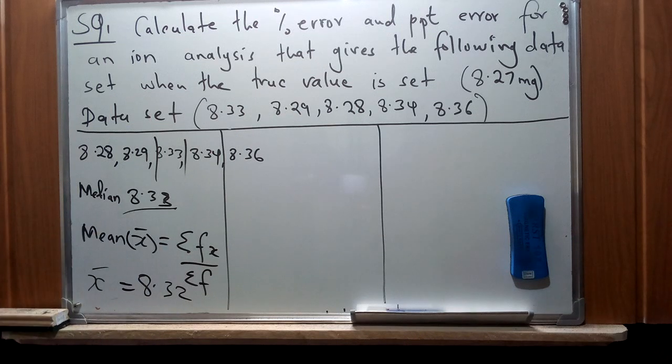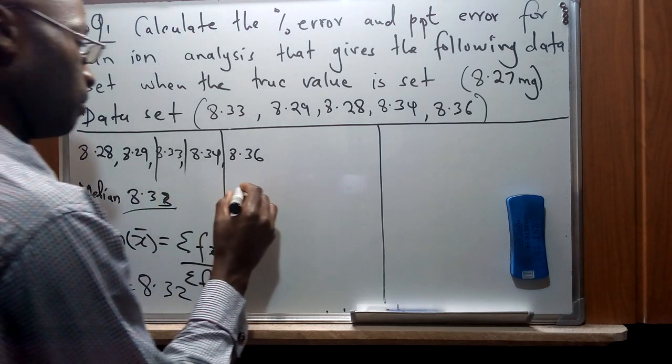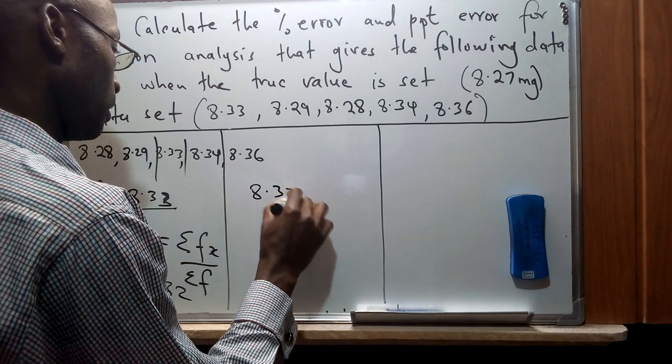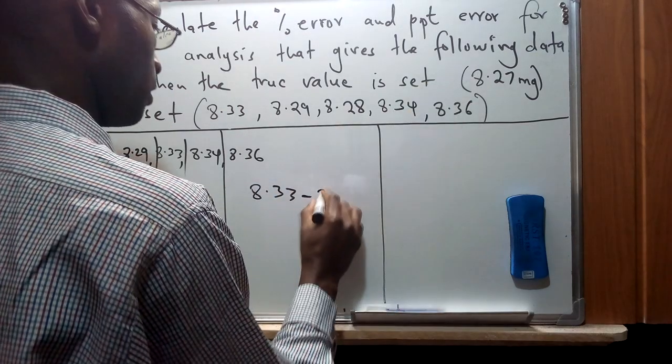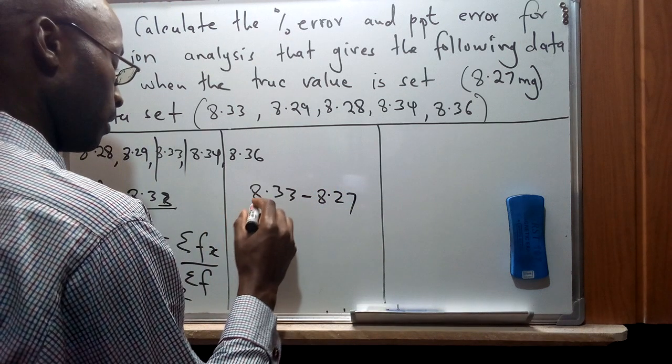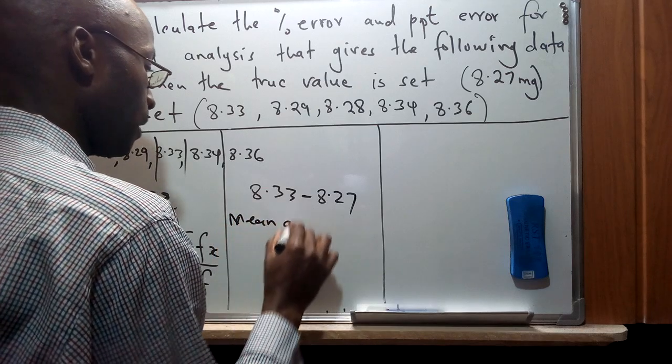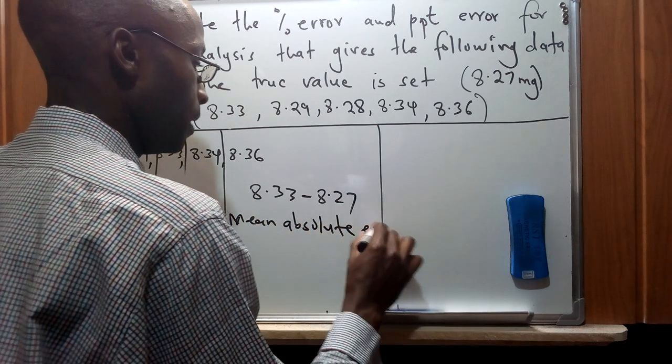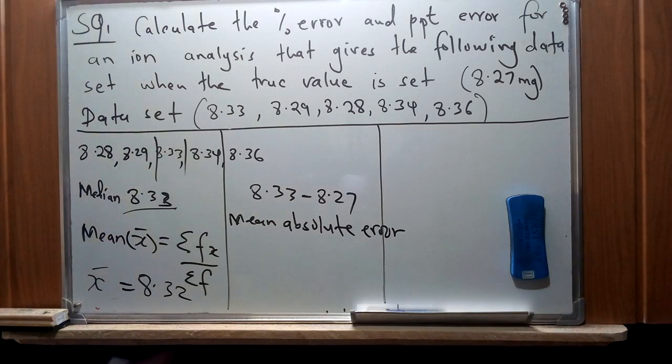So now that we have found the mean and the median, the mean absolute error can be expressed using these two concepts by finding the difference between the median and the true value. We have gotten the median to be 8.33 and the true value as 8.27. The mean absolute error is the difference between the median and the true value.